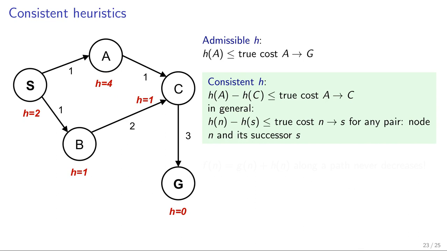It's just a generalization of this, that you cannot have any sort of loops on the graph where this would not add up, where you would have overestimations accumulating, so that the difference of the heuristic values would not match the cost that you actually have to spend when you go there.